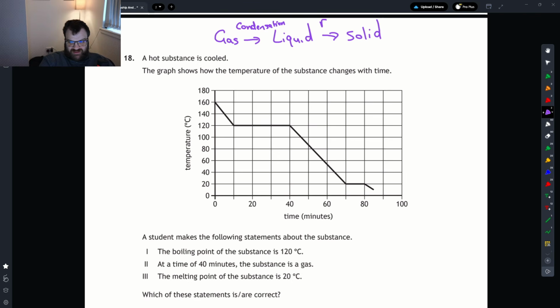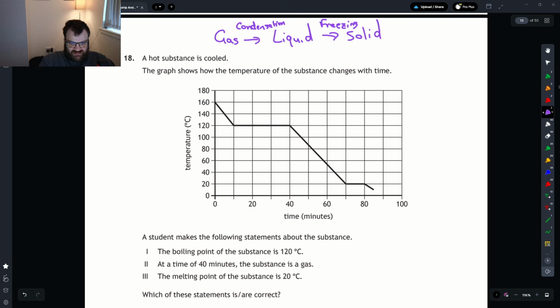And then we're going to be freezing over here. Now, you can see here we've got 1, 2, 3 slanty sections, and we've only got 2 flat parts. Well, the flat parts are the changes of state, and each of the diagonal parts are when they are either solid, liquid, or gas.